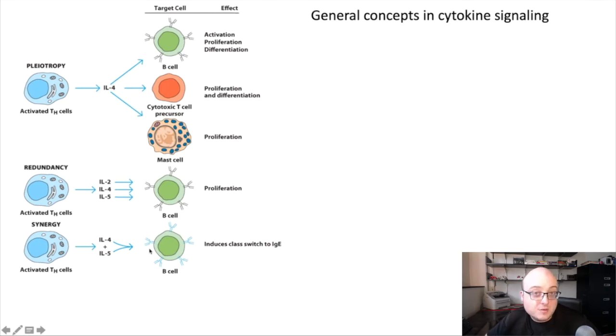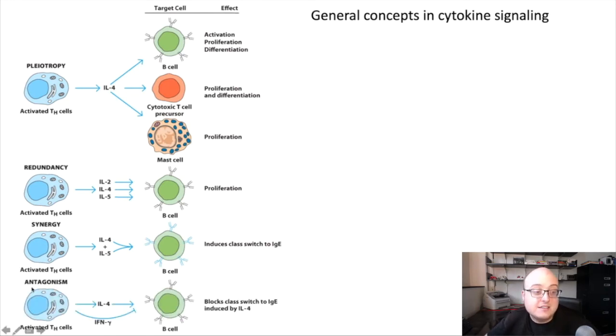Okay, so synergy is one thing. The kind of opposite of that is cytokine antagonism. So sometimes cytokines synergize, sometimes they actually antagonize each other. So this process of class switch recombination downstream of IL-4 is actually blocked by a different cytokine called interferon gamma. So depending on which cytokines are being expressed at the same time, sometimes they might work together and sometimes they might actually inhibit each other.